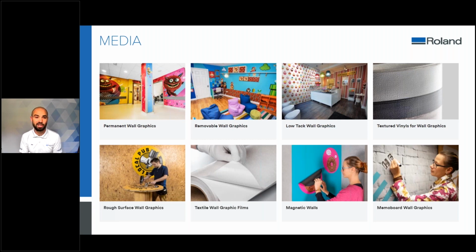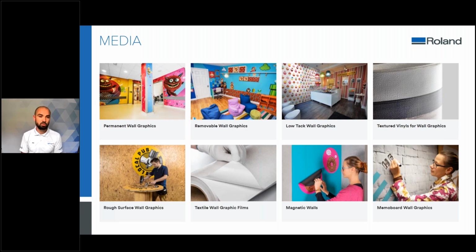It just means that they are not repositionable or removable. Removable wall graphics can also sound misleading because they are normally removable up to a certain period of time. They are never permanently removable. Adhesives will become permanent over time and will become stronger over time. So just be sure again to check with your media suppliers as to the type of adhesive and what they say is the removability period.